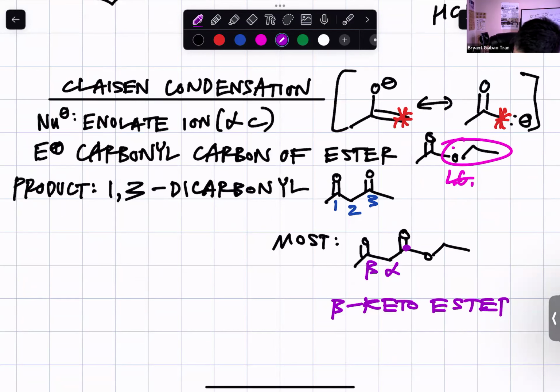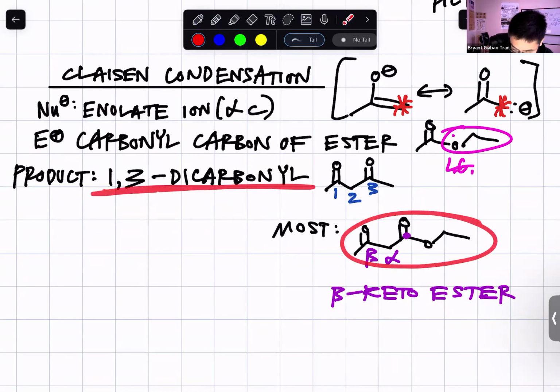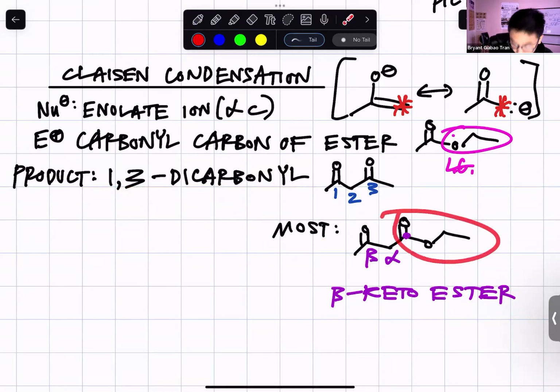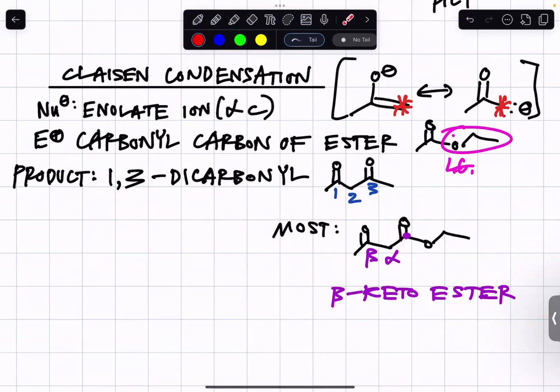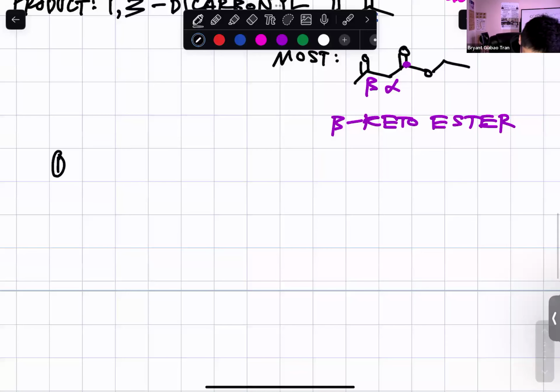Beta keto ester, like that, in most Claisen condensations. But in all Claisen condensations, it's always going to be a 1,3-dicarbonyl, right? Which this is also a 1,3-dicarbonyl, but in most products, one of the carbonyls is an ester. Okay. Right. Okay.